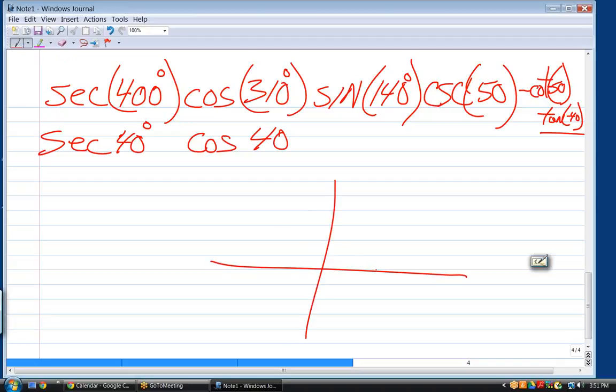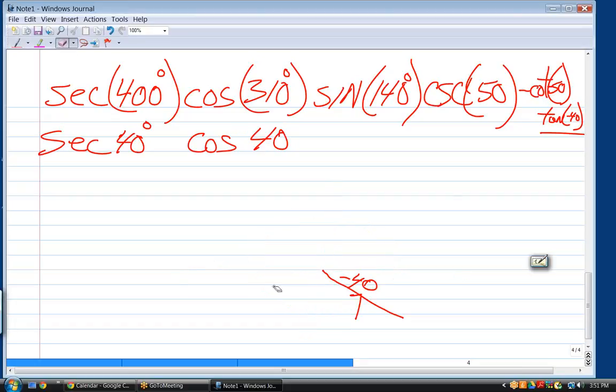Notice that 310 goes all the way around this way, leaving a remaining angle of minus 40, but the cosine of minus 40 is the same as the cosine of 40. So I can replace that with the cosine of 40. Well, now I can see that 40 is definitely going to be my key angle.